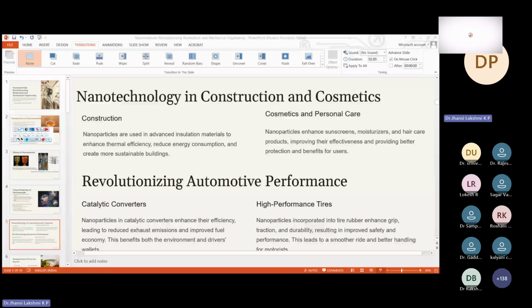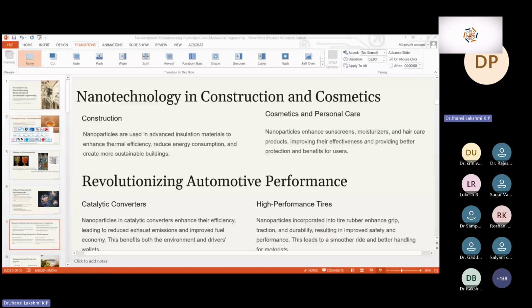Even in the automotive industry, nanoparticles are used in catalytic converters to enhance their efficiency, which reduces exhaust emissions and also improves fuel economy. This benefits both the environment and drivers.